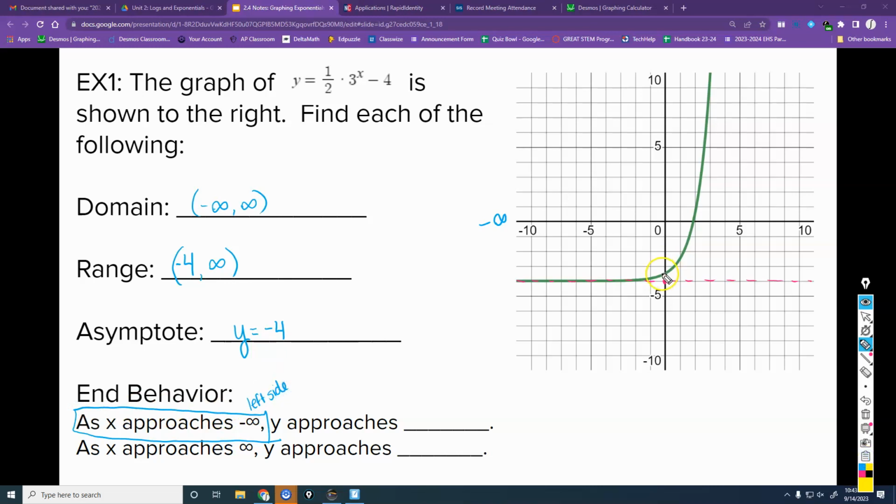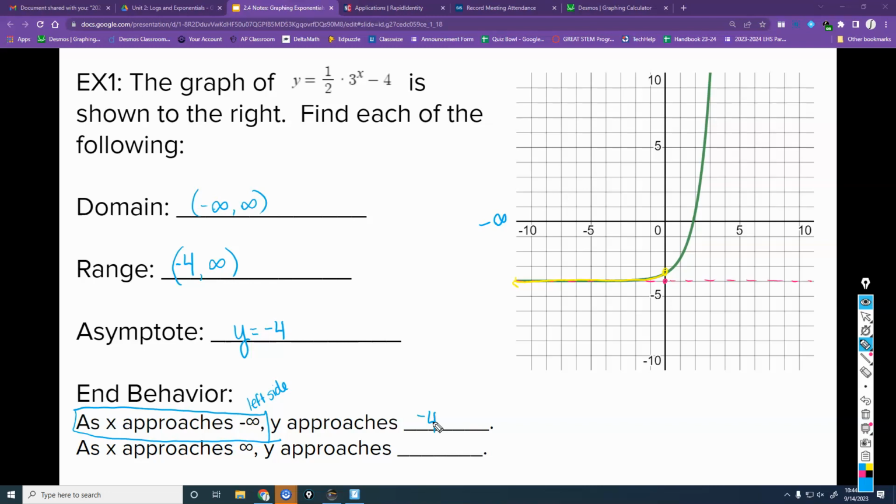So if I think about starting here somewhere in the middle and going to the left side, what's happening to my y values? Am I going up forever, down forever, or am I evening out at a number? Evening out at a number. What is that number? What number do I get closer and closer and closer to? Negative 4.